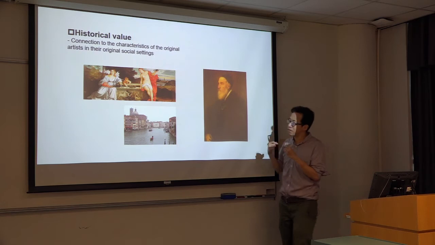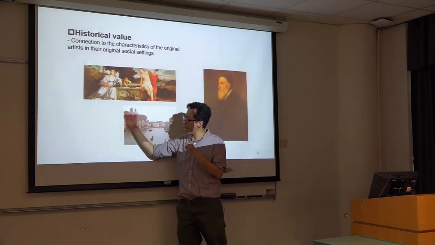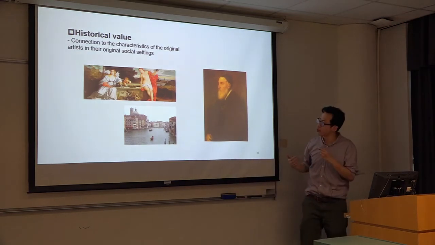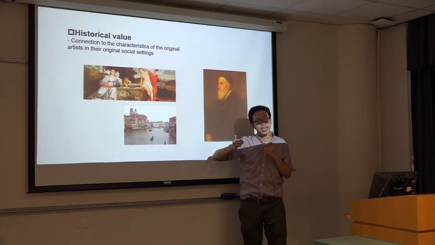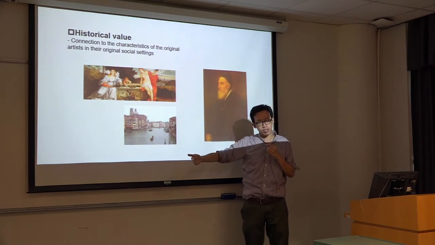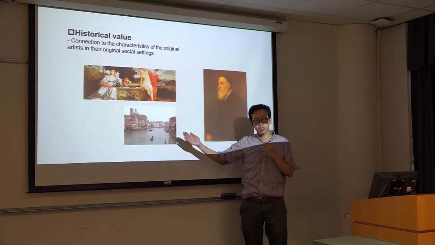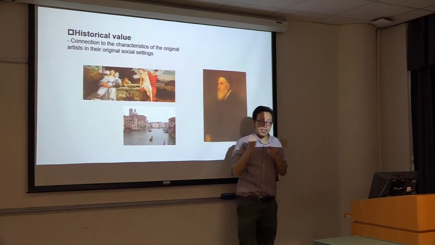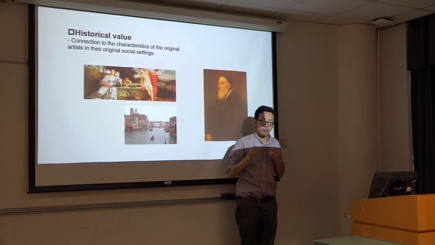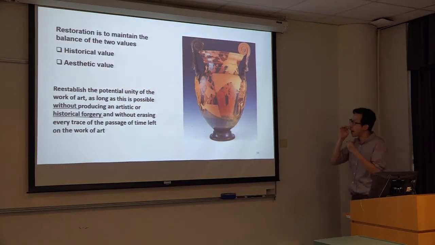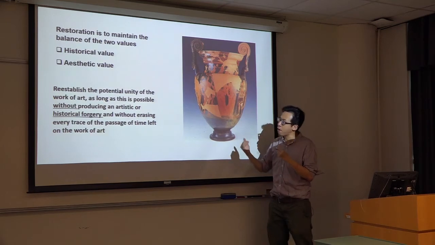We have to make sure our plans, or the way that we do the conservation, match the styles, the traditions, or the techniques that were used at the time, so that the historical information can be maintained during the conservation project.